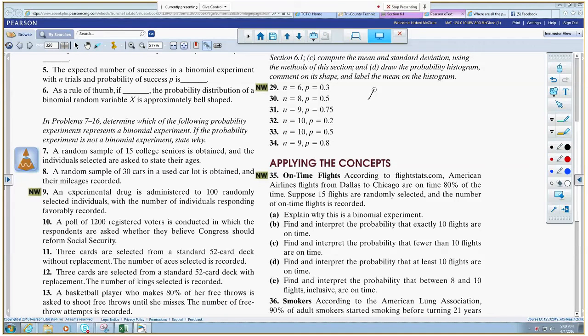So the mean is going to be equal to n, which is 15, times 0.8.